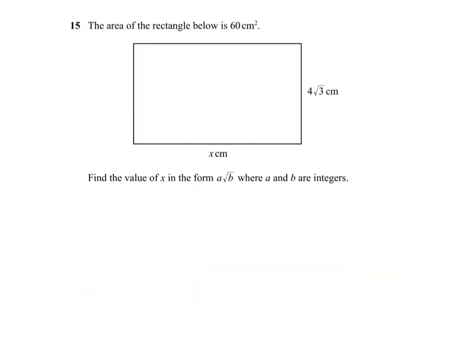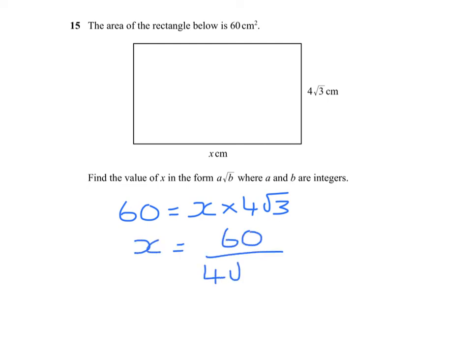If the area of a rectangle is 60, that will be x times 4√3. So to find x, we're going to want to do 60 divided by 4√3. The first thing I'm going to do here is 4 goes into 60 15 times. So I have 15/√3.